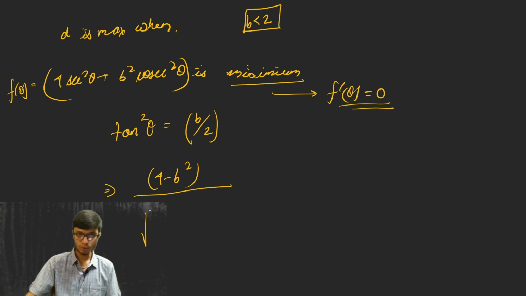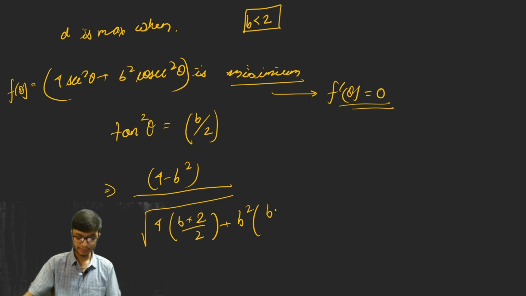So the minimum value is equal to root under, and tan square theta and sec square theta are related: sec square theta minus tan square theta is equal to 1. So from here I can write tan square theta plus 1 is equal to sec square theta, that is (b plus 2) by 2, plus b square, and in place of cosec square I can write it as (b plus 2) by b, by completing the right angle triangle.